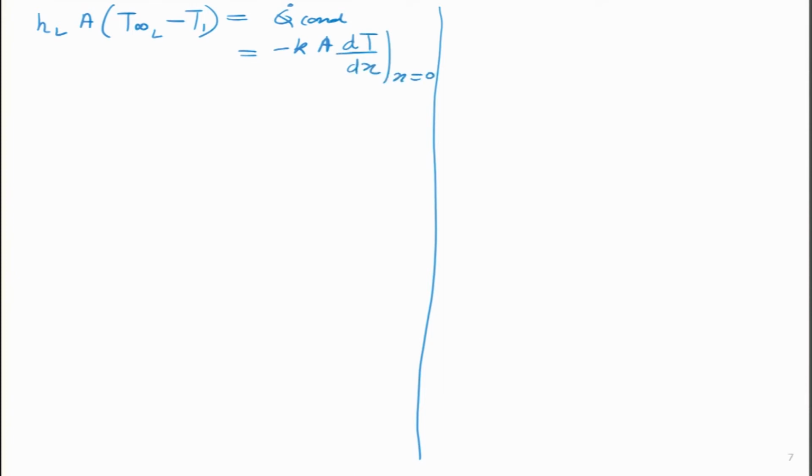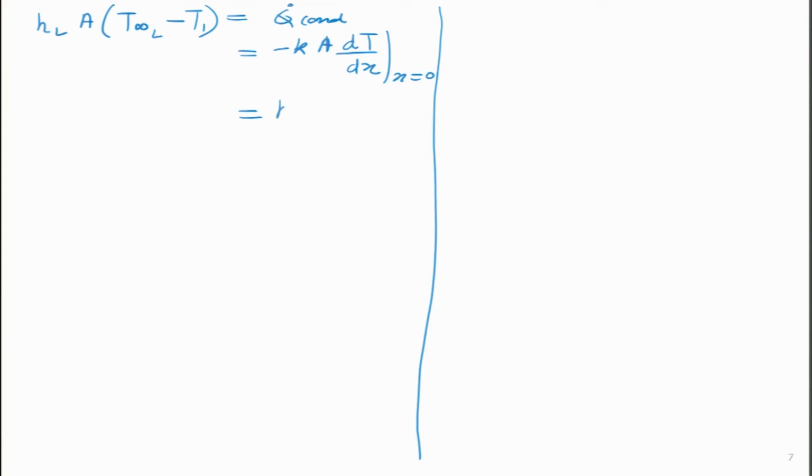So, convection on the left side we have already written is HL area times (T infinity L minus T1). T1 was the wall temperature on the left side, and this I am equating to Q dot conduction, which I have written as minus K A dT/dx at x equals 0. In our example on the previous case, this conduction was taking place without any heat generation, so it is a linear slope.